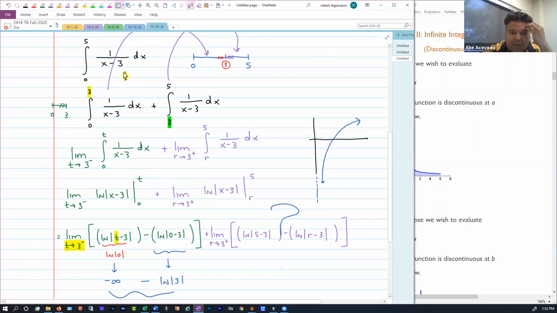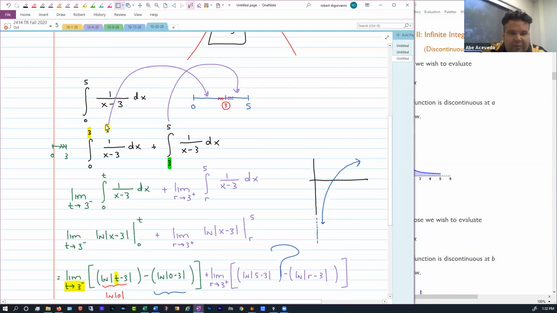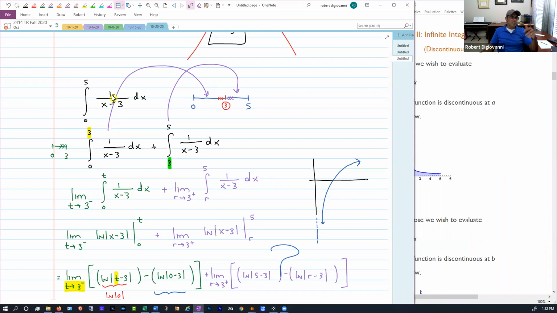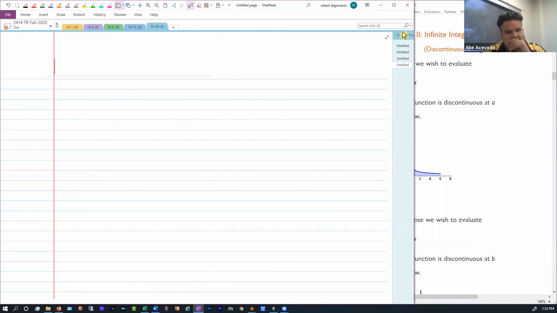What if, instead of having a number, a constant, we have another variable that will also limit, right?